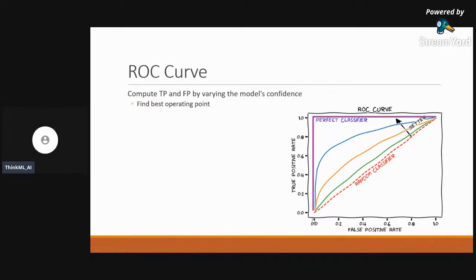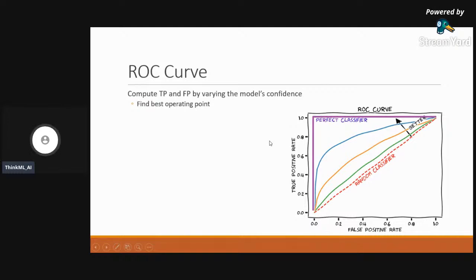That means the random guess, the worst random guess, I guess. Okay, so the more the curve moves to the top left corner, the better the algorithm. So why do we use the ROC curve?